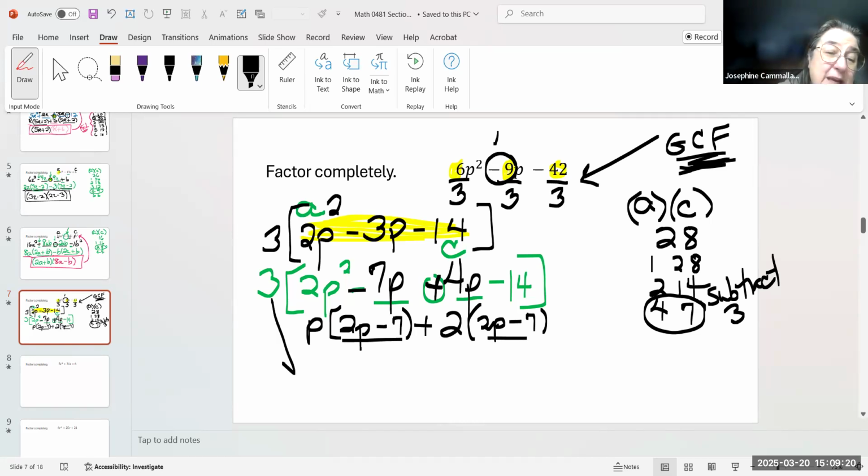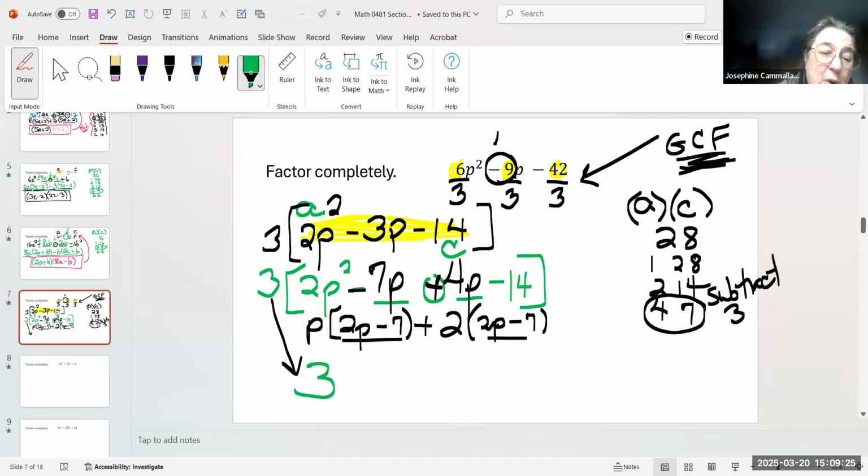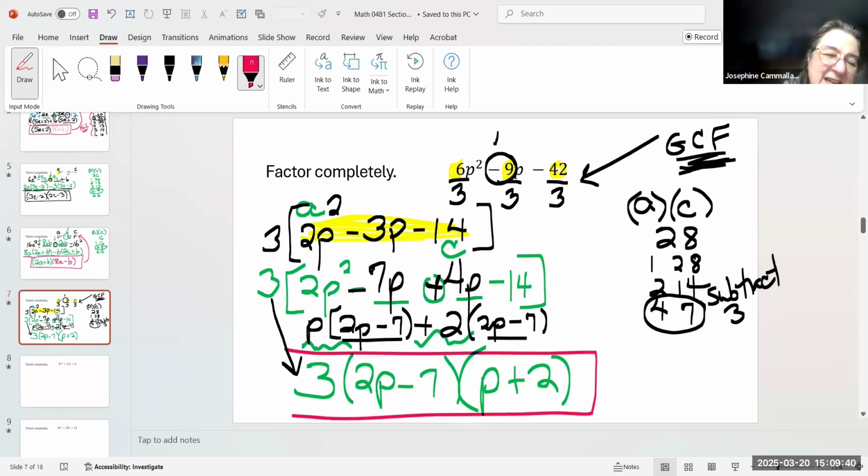But don't forget that 3. That 3 is not going anywhere. What I'm going to put here is 2p minus 7. And then what goes behind is p plus 2. This is my answer.